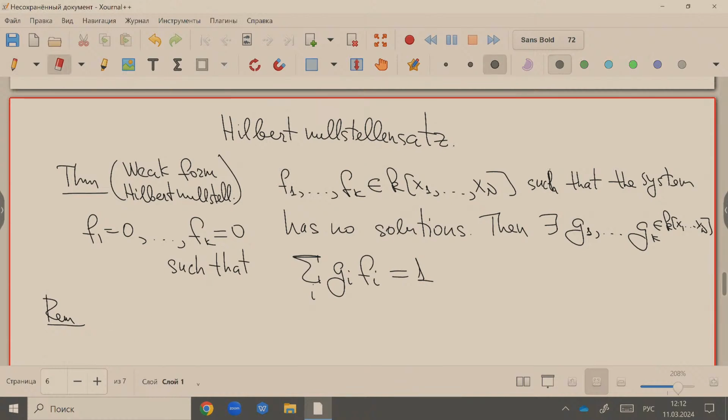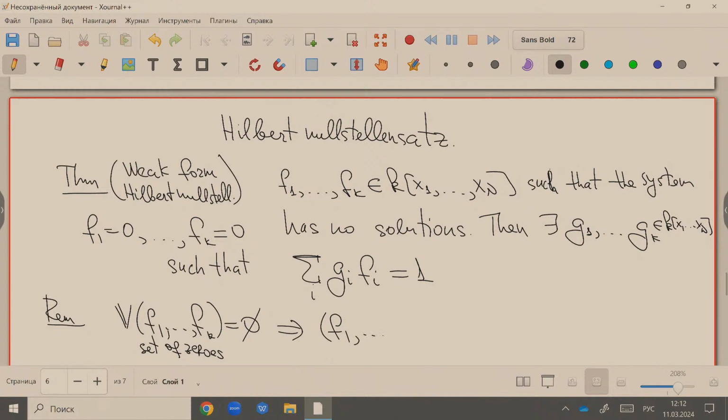We have considered the set of zeros of the polynomials. So the emptiness of this set implies that the ideal generated by the polynomials is the whole ring.